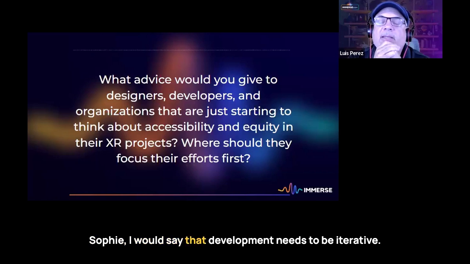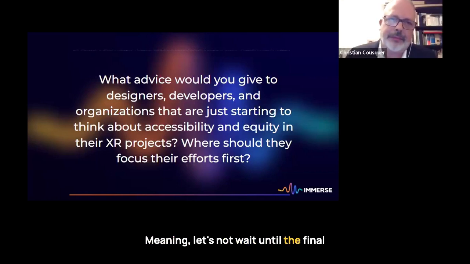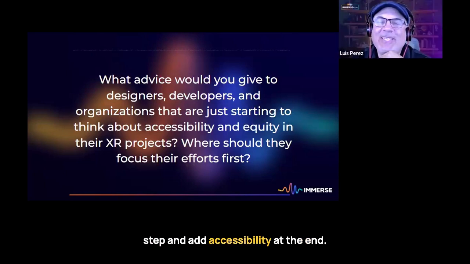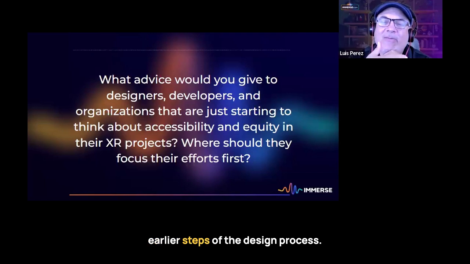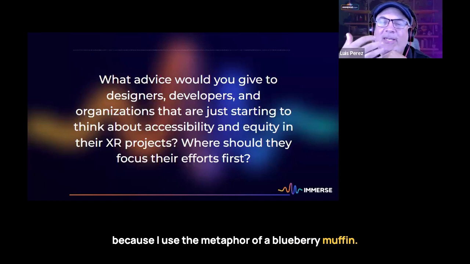Sophie, I would say that development needs to be iterative, meaning let's not wait until the final step and add accessibility at the end, but bring accessibility into earlier steps of the design process. Even the earliest prototypes, the earliest wireframes, what have you. I use the metaphor of a blueberry muffin.